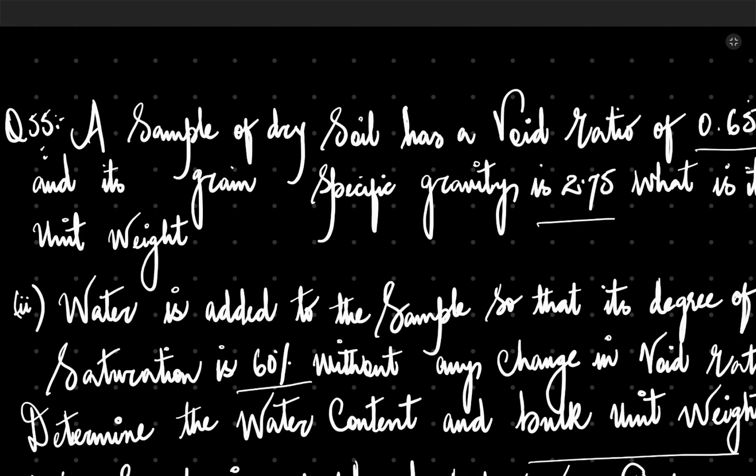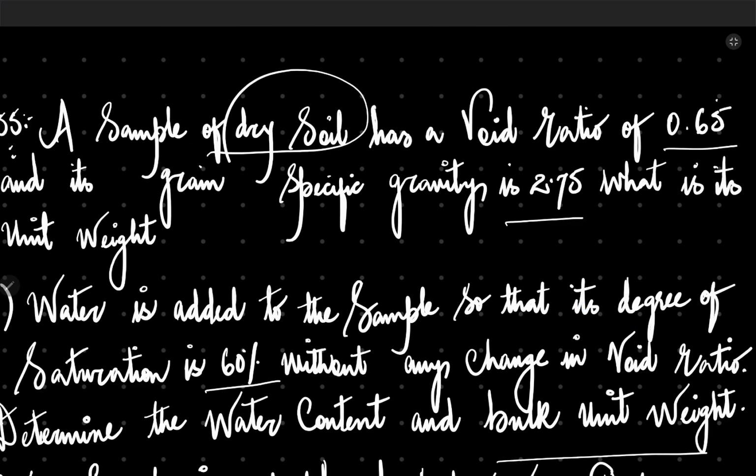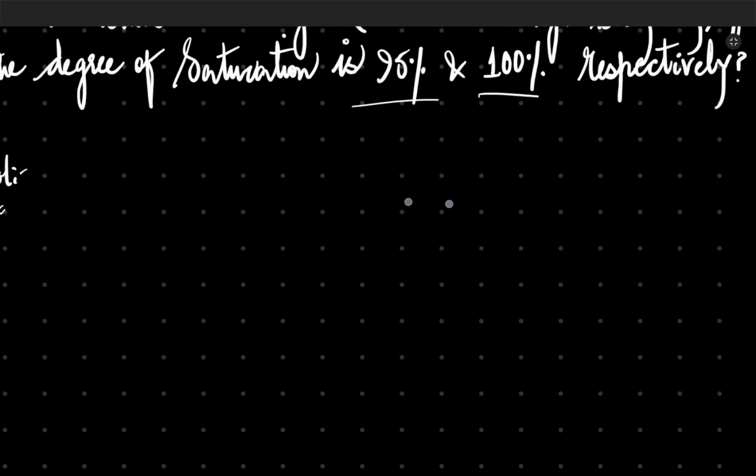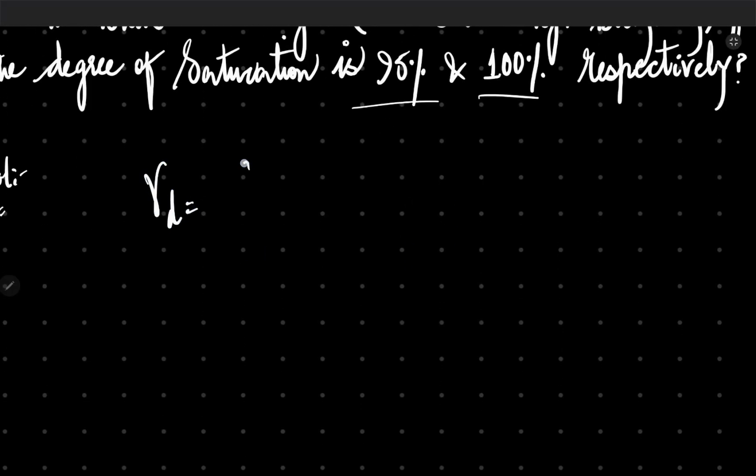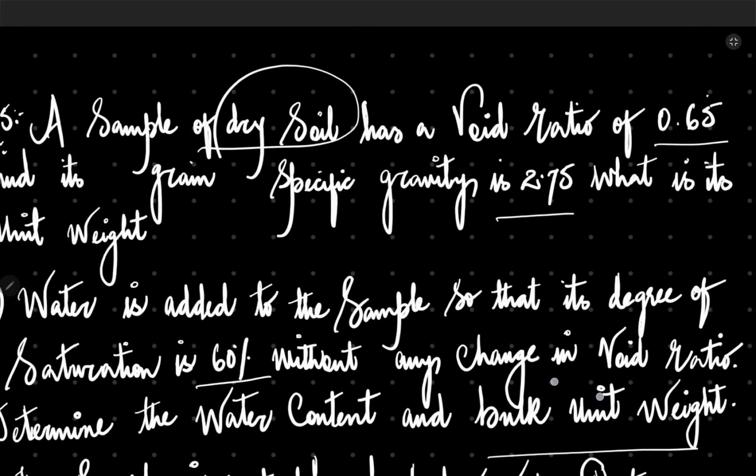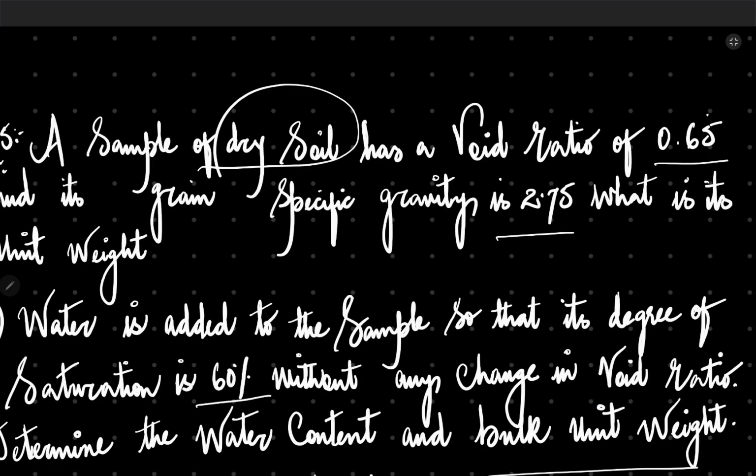It says a sample of dry soil. So this unit weight which he is asking us to find is actually the dry unit weight, because the sample of the soil is dry. So unit weight in this condition is the dry unit weight, which is given by G times unit weight of water over 1 plus e. We have all the parameters, we can very easily find it.